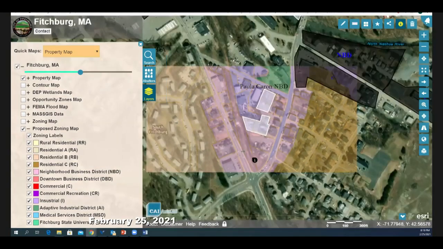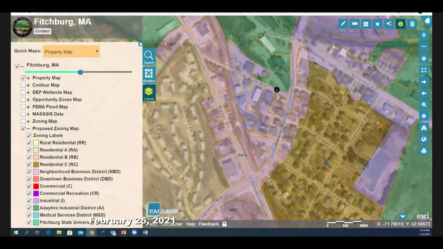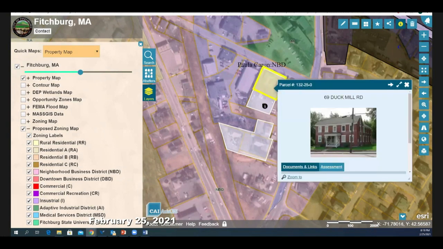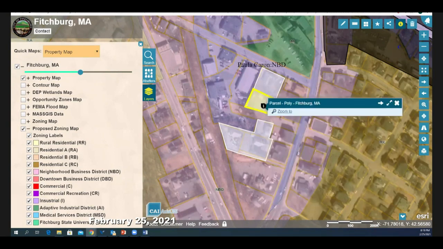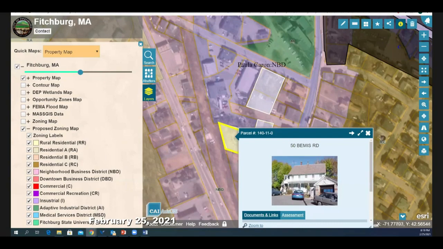But if you notice this whole pink area, we're proposing MBD. And Ms. Karen had just suggested adding these buildings because they are more commercial than industrial in character, or they might just be homes in other instances. But in either case, they're not industrial. So it doesn't seem appropriate to have them zoned industrial.